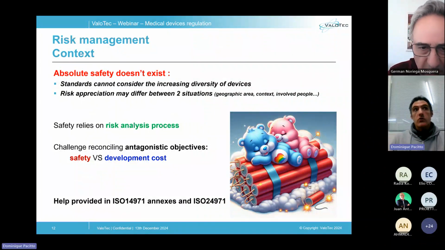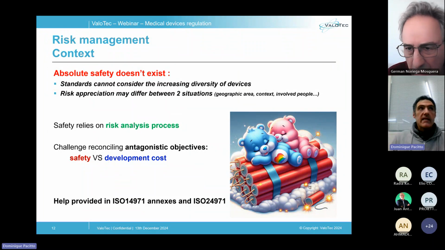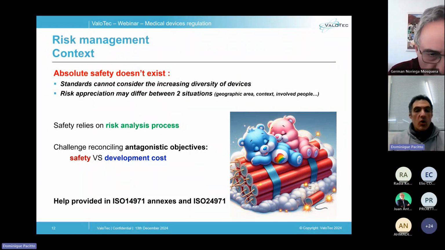And moreover, trying to do that would result in an infinite development cost and no device would reach the market. That's why there is always a trade-off between the required safety and the reasonable development costs.